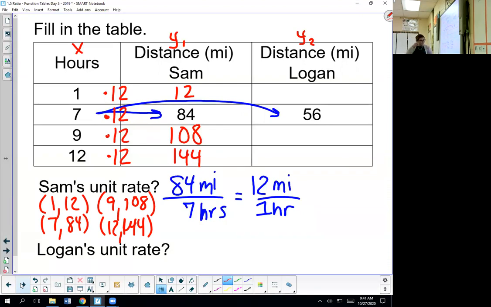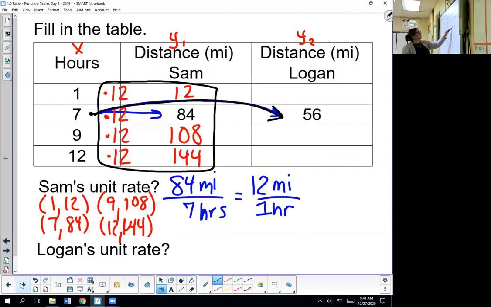Now, ignore Sam now. We already finished him. So now pretend that this is hiding. Don't look at it. How do I go from my 7 now to 56? Well, hopefully you know 7 times 8 is 56.